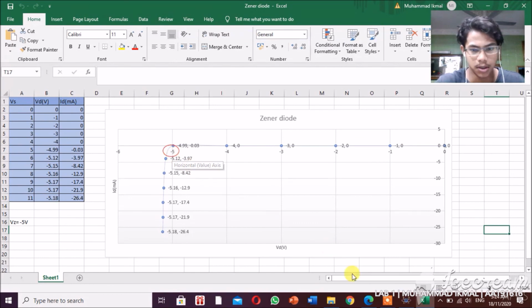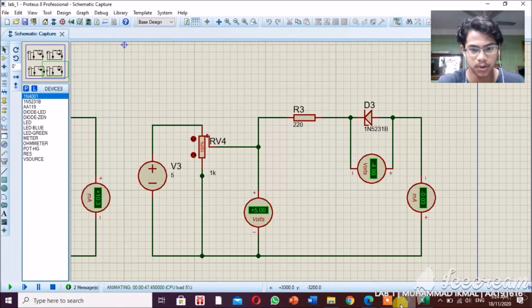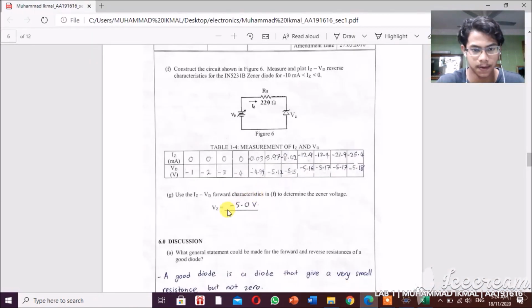So the voltage for Z here will be minus 5 volt, which is the knee voltage. Okay, that's all for me. Thank you.